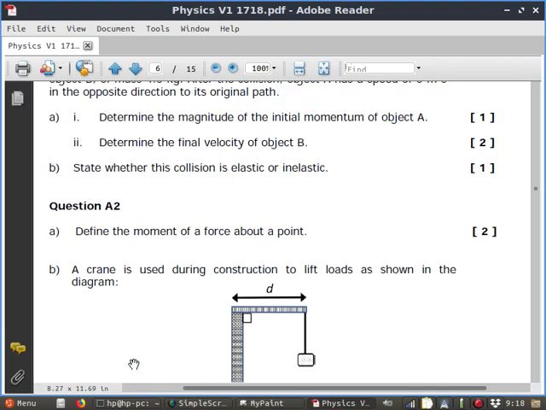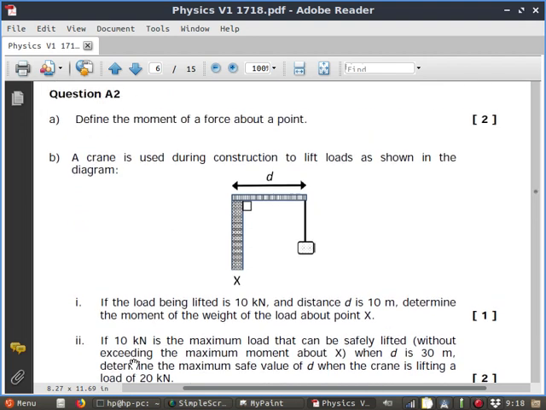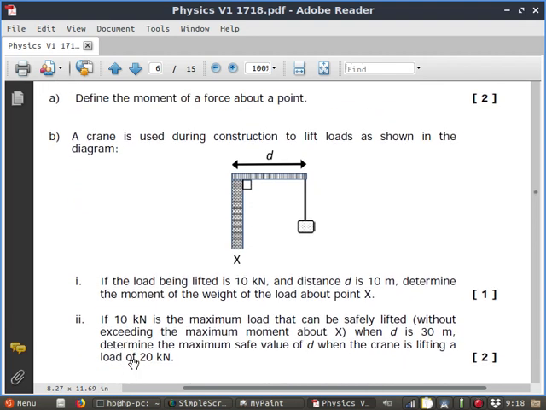Right. Next question. 5 marks. 5 minutes. Go. What does this mean? Define the moment of a force. You should see if you can remember.